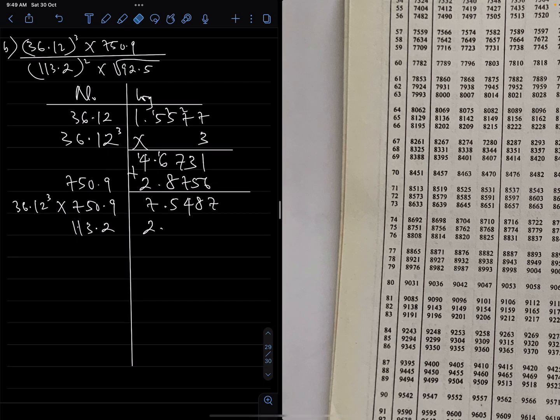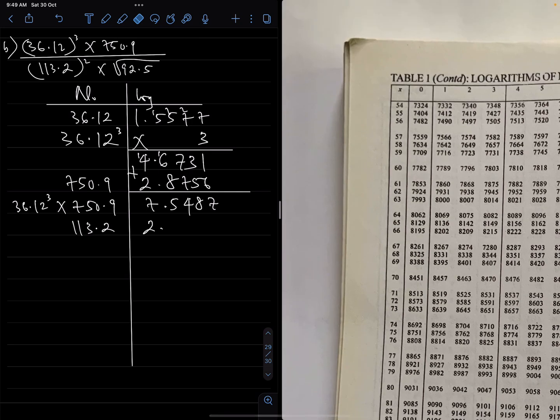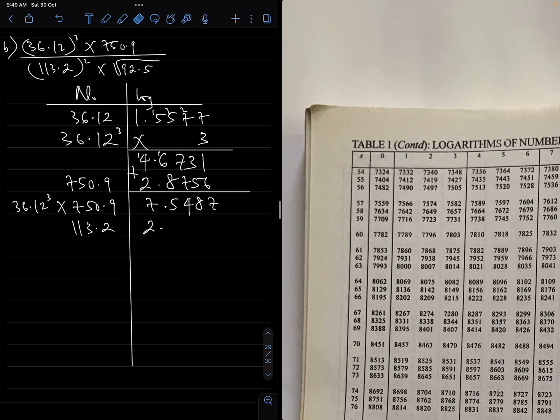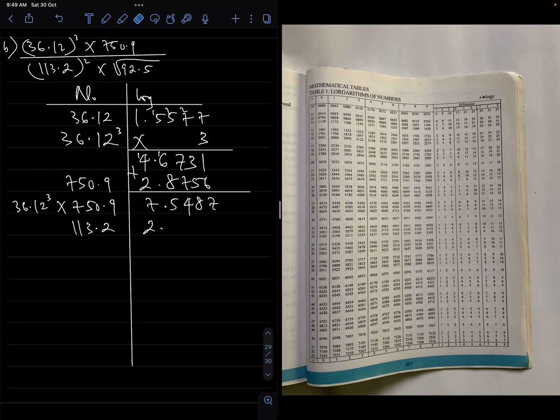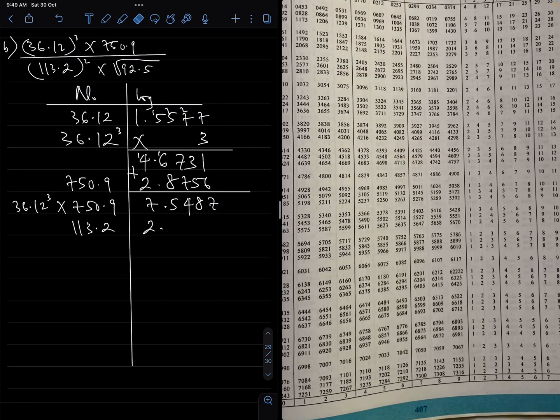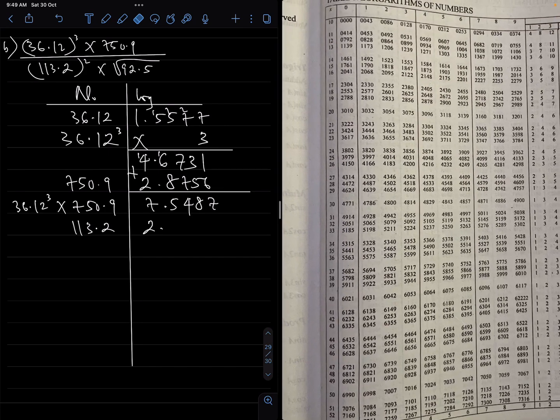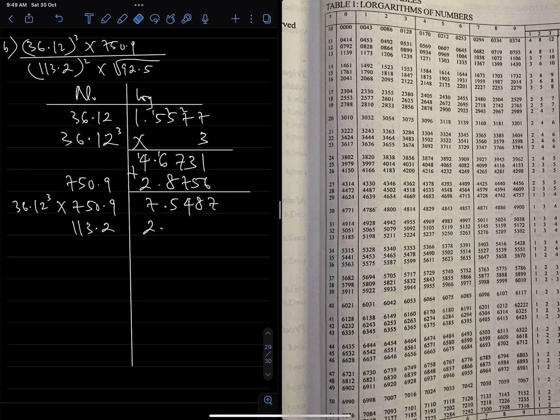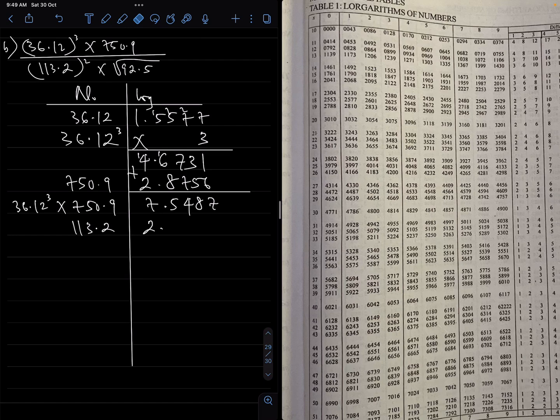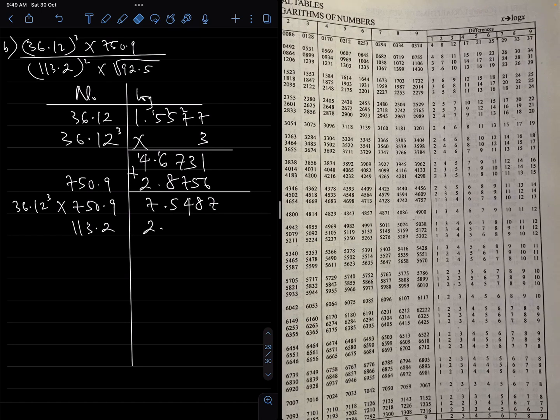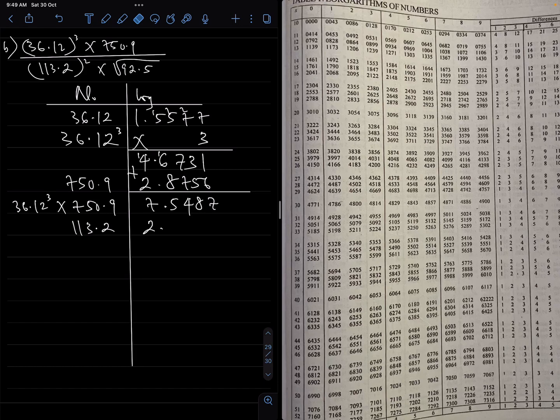So what am I checking? 11 under 3. Beautiful. Difference 2. Log 11 under 3 is 0531. Difference 2. Am I correct?